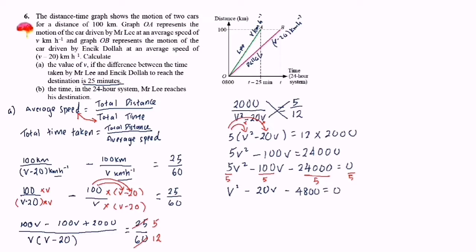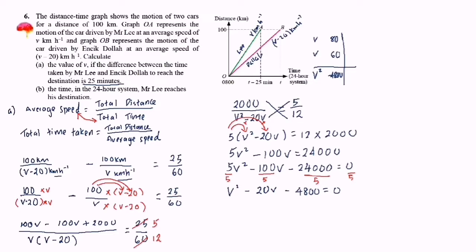As you know, we have few methods to factorize. Okay, one of the method you just use the table. Okay, so here is v squared. Here is negative 4,800. And v times v equals to v squared. And how to get 4,800? 80 times 60.